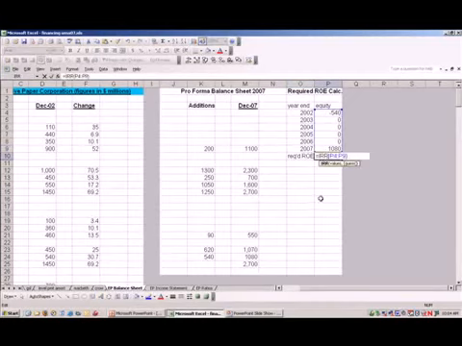And notice what I've done is to use the IRR function and to highlight the cells that correspond to the cash flows for years 0 through 5. And the result is a required return on equity of 15%. So what this result tells us is that for Executive Paper to achieve its long-range financial plan, it needs to grow equity at a compound rate of 15% per year for the next 5 years.